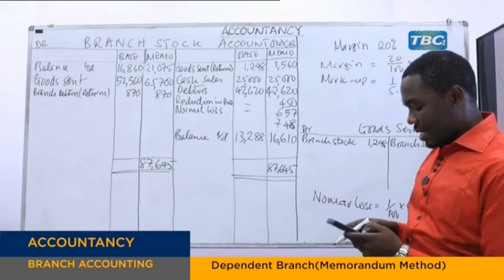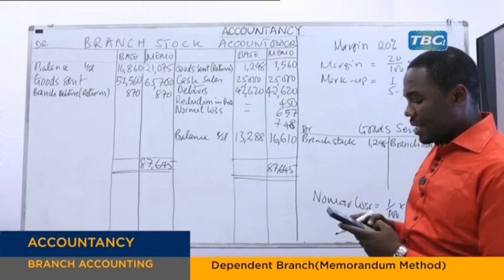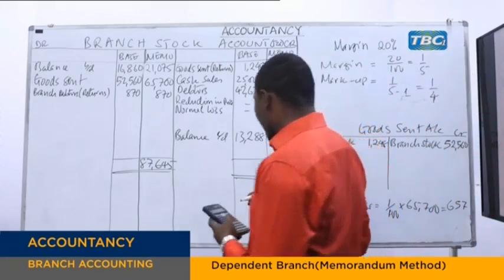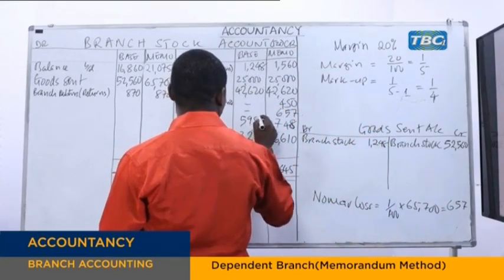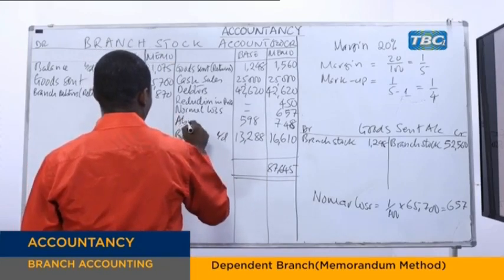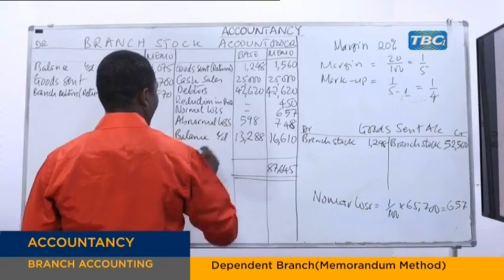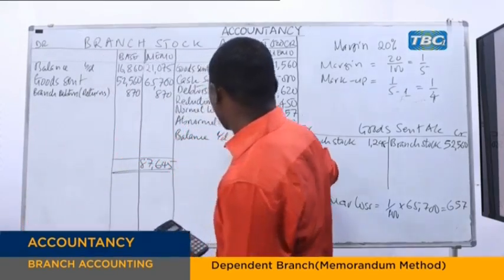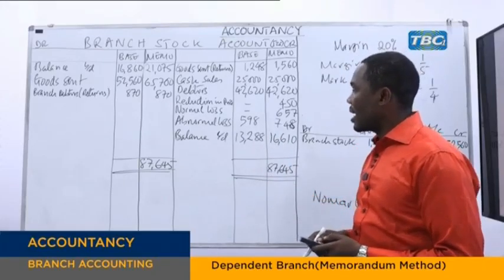So if you less 150, we get 598. So 598 will be the abnormal loss. So this loss will be transferred to profit or loss account.